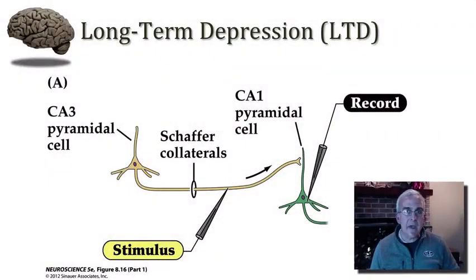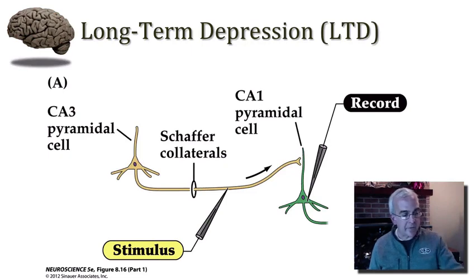Okay, well, I think we're now ready to move on to consider the opposite form of plasticity that we see in the cerebral cortex, long-term depression. And this too was first studied and its mechanisms well understood within the hippocampus of the rodent model system. So we're going to use the very same Schaefer collateral connection from CA3 to CA1 in order to demonstrate long-term depression.